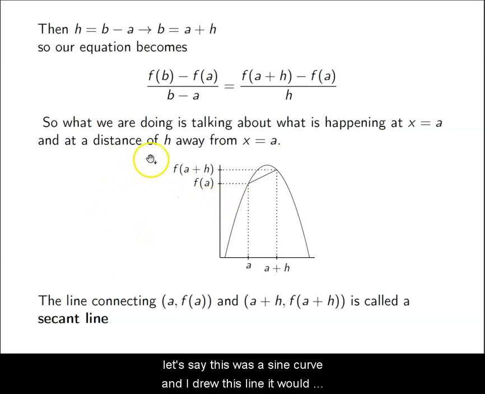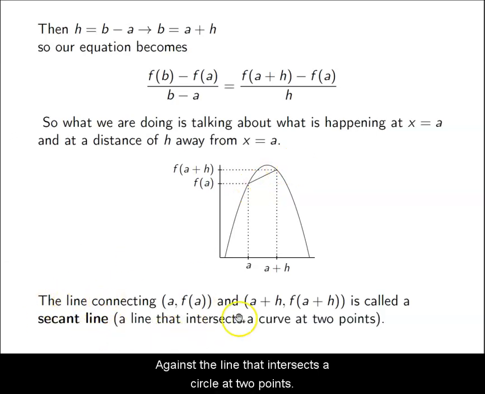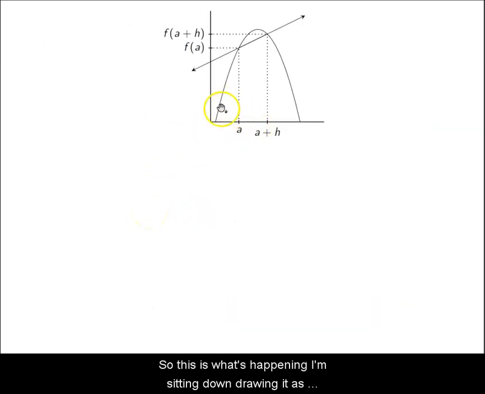Now, let's say this was a sine curve, and I drew this line. It would be possible that this line cuts through my curve at more than 2 places. And that's fine, because I'm really only looking at 2 points at a time. It would still be called a secant line. Okay? So again, it's a line that intersects the curve at 2 points. So this is what's happening.